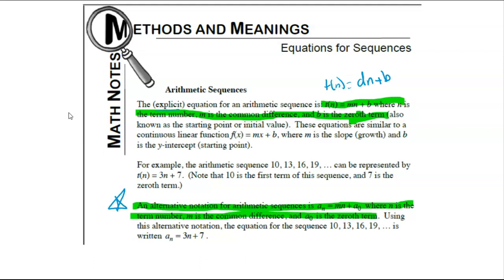And instead of our b value, we're going to use A of 0. That's telling us it's your 0th term. If we see A of 1, that is our first term. If we see A of 4, this is our 4th term. So basically the 4 is just a subscript.